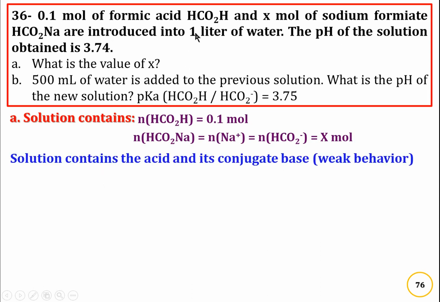HCOOH and HCOO⁻ behave as weak acid and base. So between HCOOH and HCOO⁻, the exchange till the equilibrium will be very weak. So the concentrations or the quantities at the new equilibrium are practically equal to the initial.